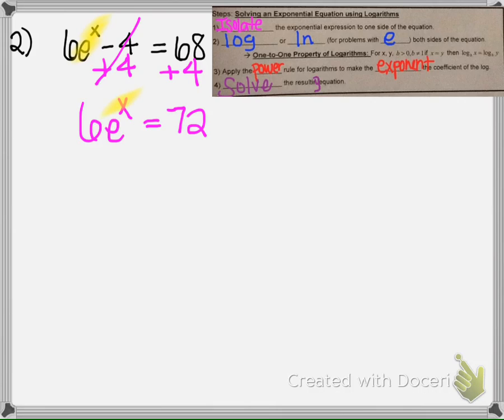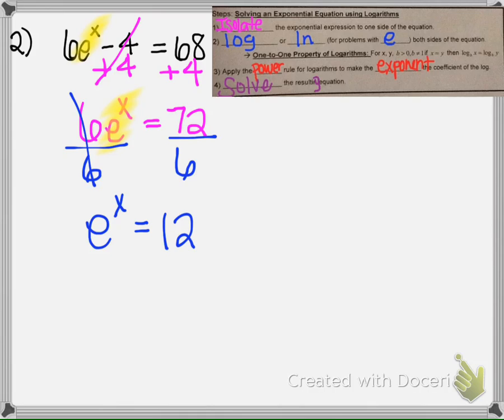Okay, so again, our goal is to get this by itself. So now we're going to divide by 6. And now we have step 1 completed. So all of this was step 1, isolating the exponential. Then step 2 is we are going to log or natural log both sides.